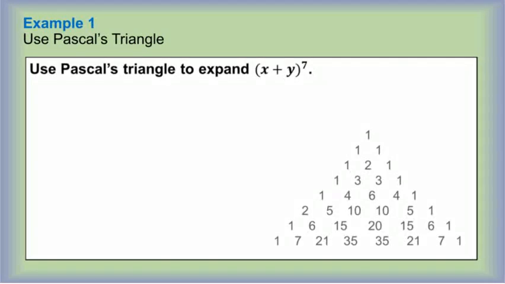So our first example, it says use Pascal's triangle to expand x plus y to the 7th power.